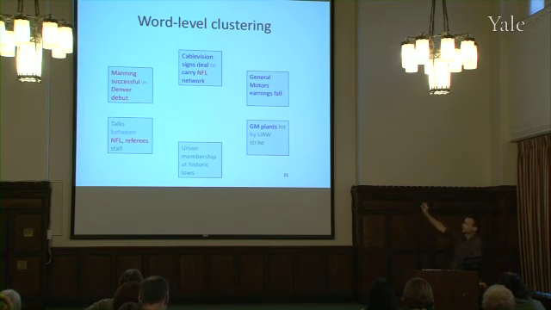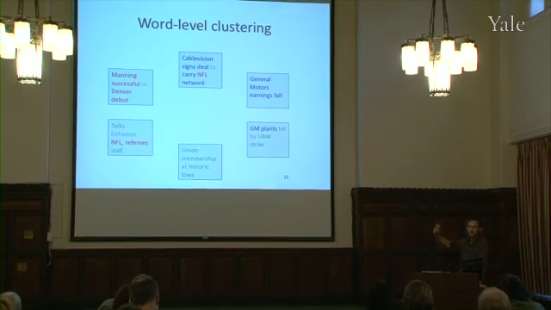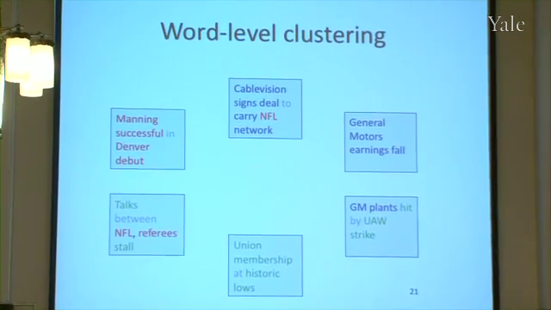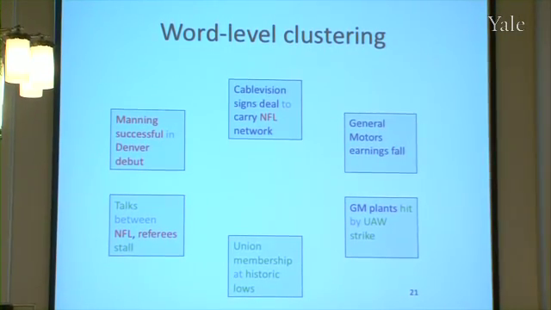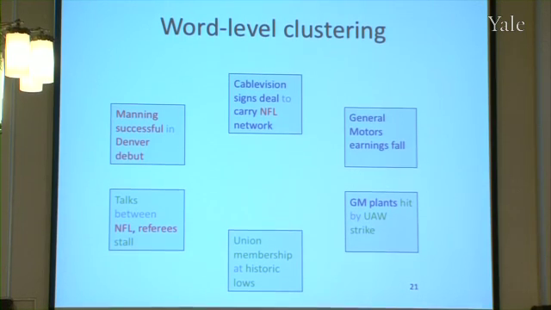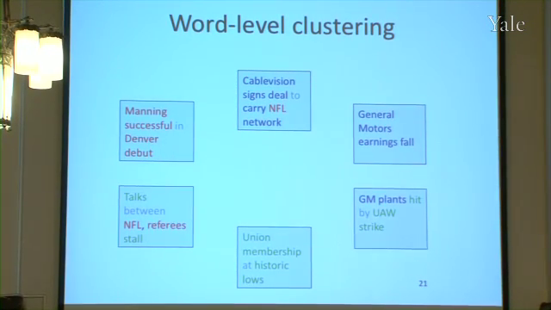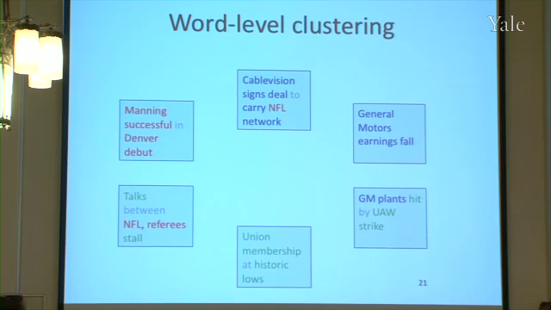And so I can go in using my domain knowledge and color each of the words in these documents by their theme. And I could say that maybe, okay, in the top right, General Motors earnings fall, that's kind of 100% business. And the one on the bottom right, GM plants hit by UAW strike, I can count the words that I've assigned to the different themes and say that it's about 40% the blue theme and 60% the green theme.